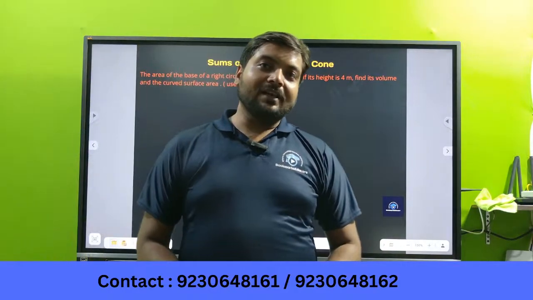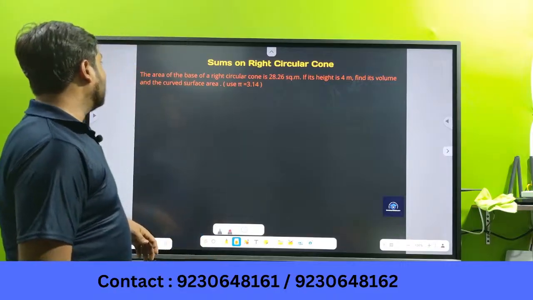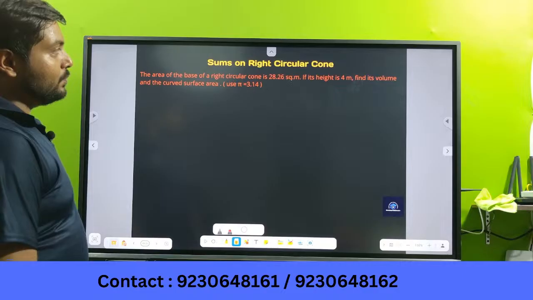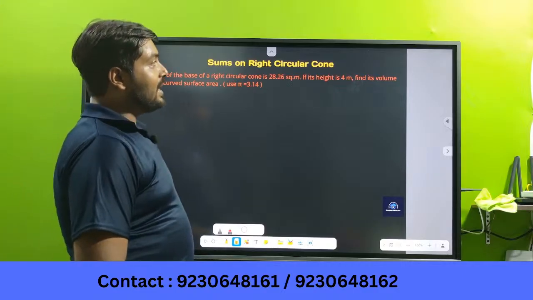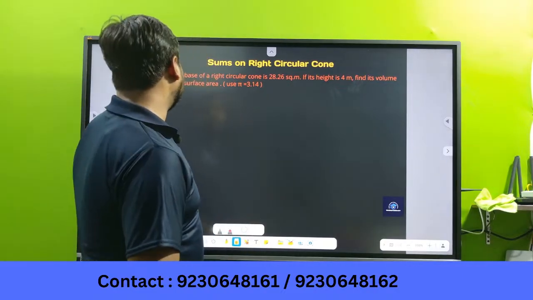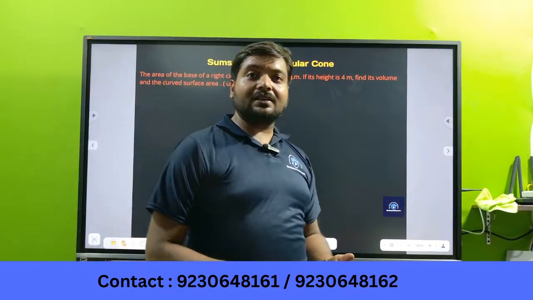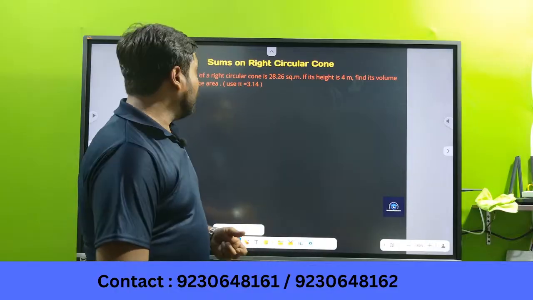Sorry for the delay. Let's come to the sum. The area of the base of a right circular cone is 28.26 square meter. If its height is 4 meter, find its volume and the curved surface area. So here we have to find the curved surface area as well as the volume of the cone.